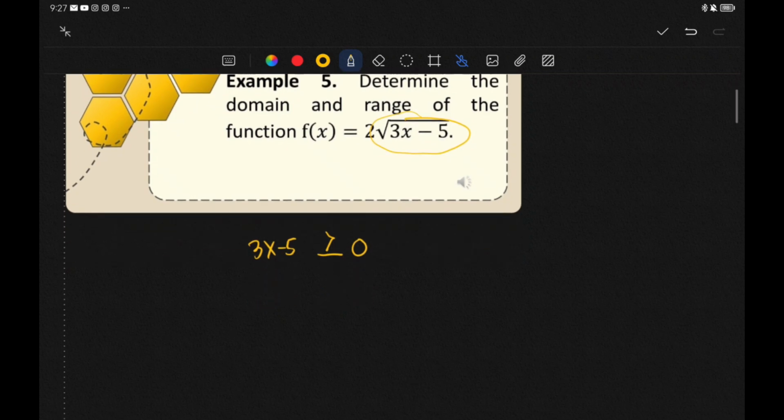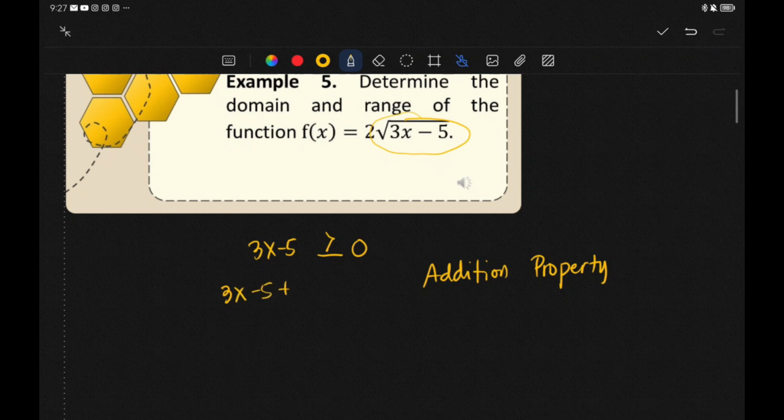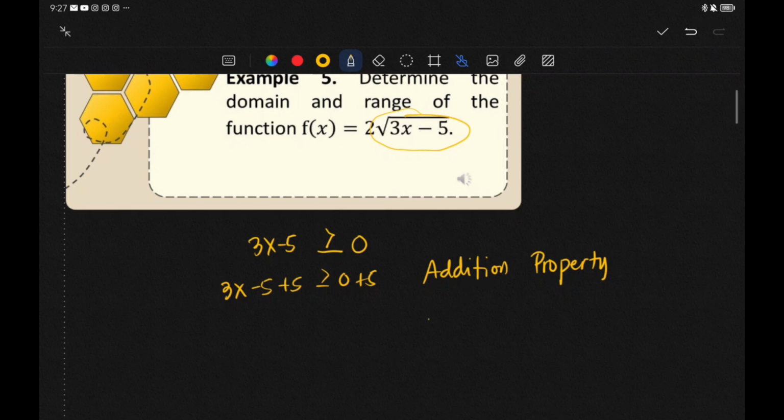So, by addition property, this will become 3x minus 5 plus 5 is greater than or equal to 0 plus 5. Now, let's apply additive inverse property from step 2. So, this will become 3x is greater than or equal to positive 5.